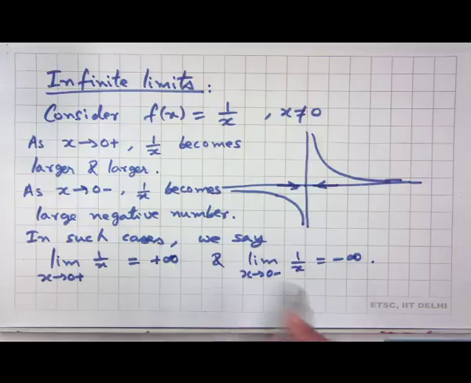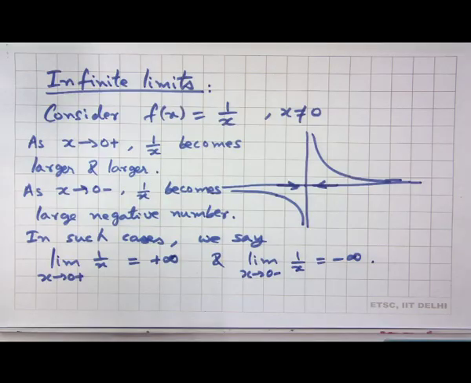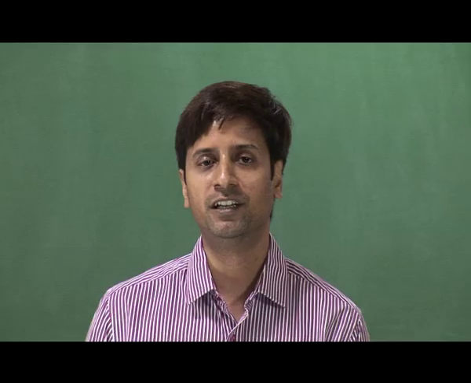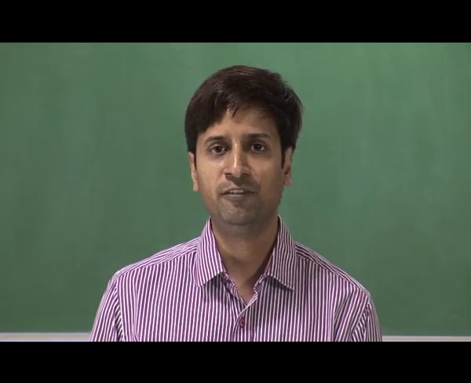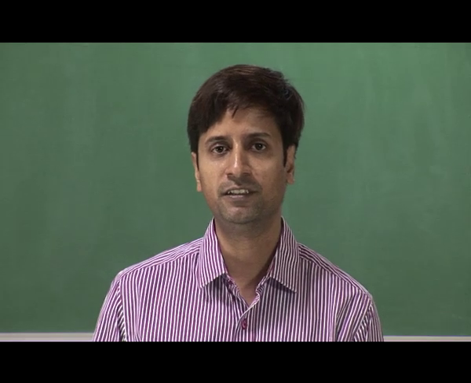In the next class, I will make it more rigorous and define when we say that the limit at a point is positive infinity or negative infinity, and then we will see some more examples on this.